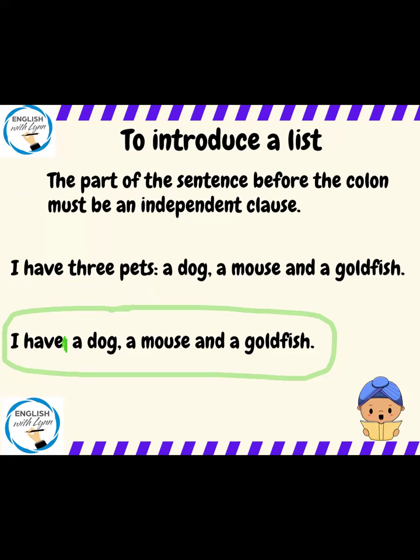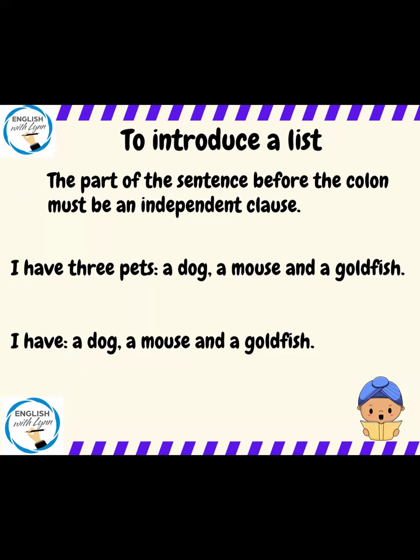So with lists, you will need to decide, is the bit at the beginning of the list an independent clause? If it is, you will need the colon. If it isn't, often you won't need the punctuation before the list.